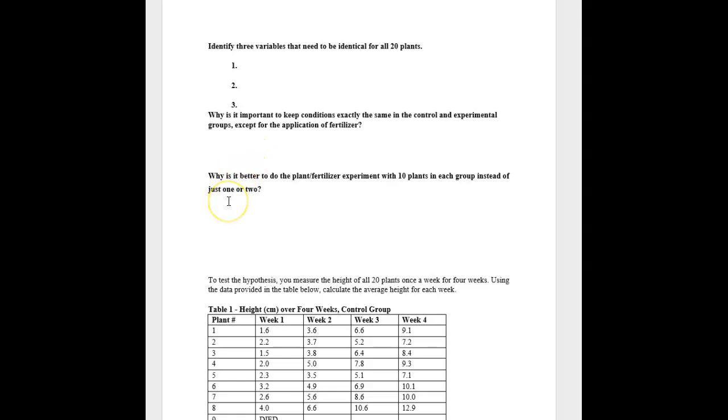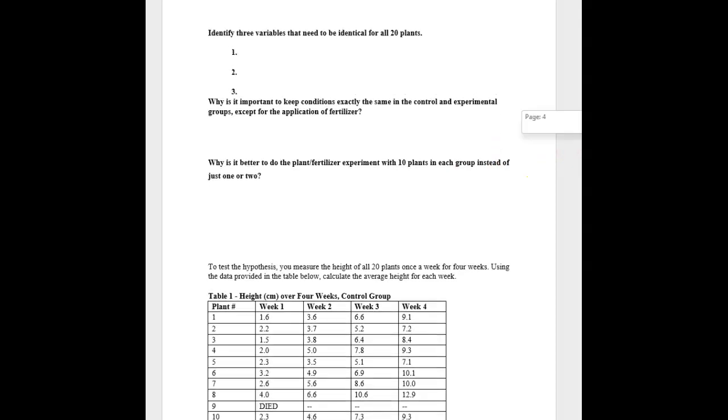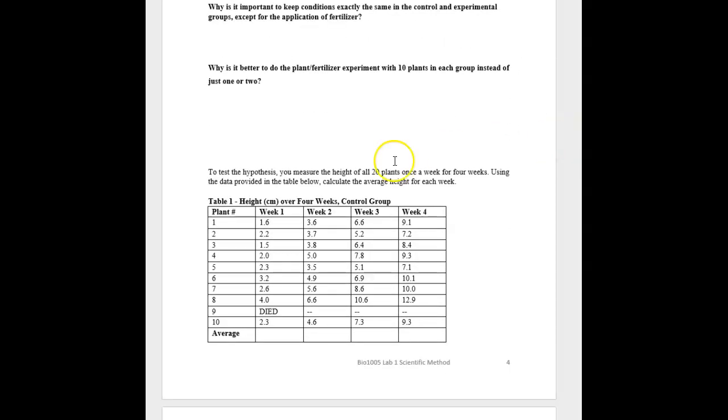The next question is about sample size. Why is it better to do the plant fertilizer experiment with 10 plants in each group instead of just 1 or 2? Well, if we look at the data that's already been set out for you, we can see that plant 9 died. So that might just be an outlier, like it had a disease or something happened to it.